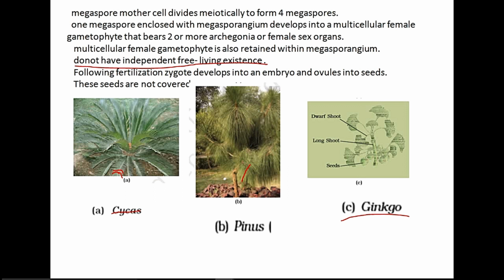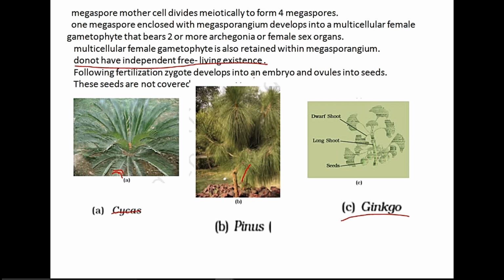They are carried by air currents and come in contact with the opening of the ovules borne on the megasporophylls. Carrying by air currents is nothing but anemophily. The pollen tube carrying male gametes grows towards archegonia in the ovules and discharges the contents near the mouth of the archegonia. This is called siphonogamous oogamy.